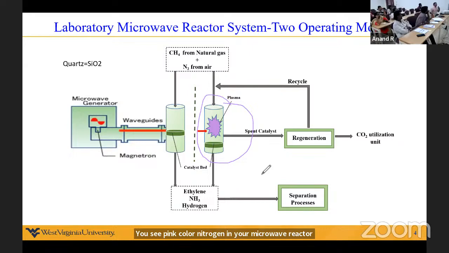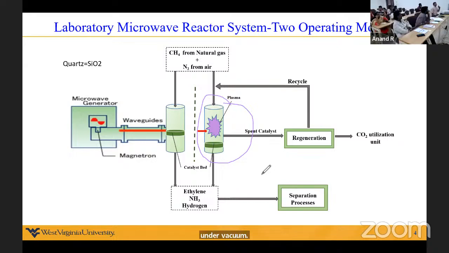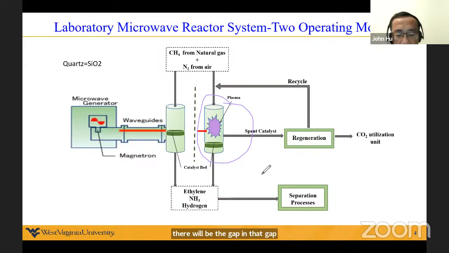Yes, sir. Under vacuum. Yeah, under vacuum, that hot plasma. Yesterday we discussed, at the time of microwave catalysis, in between the catalyst there will be a gap. In that gap, we may find colors.